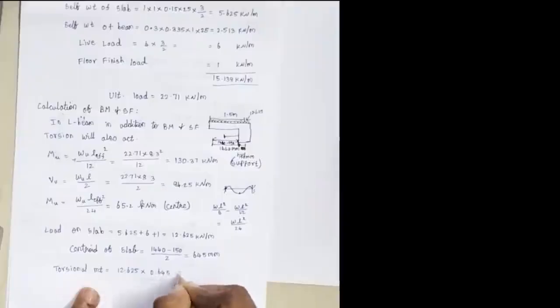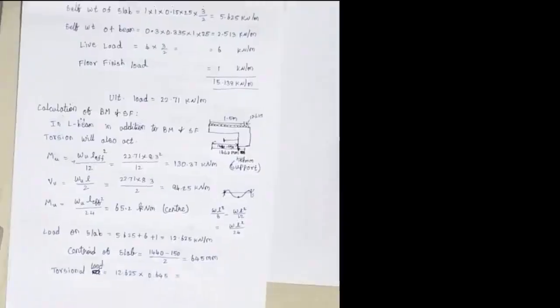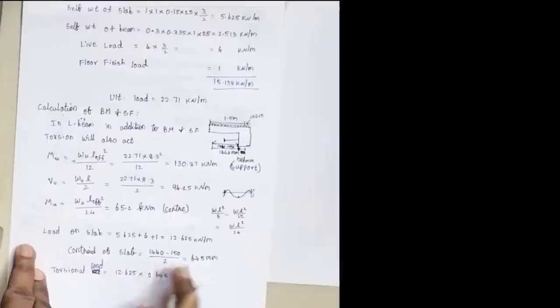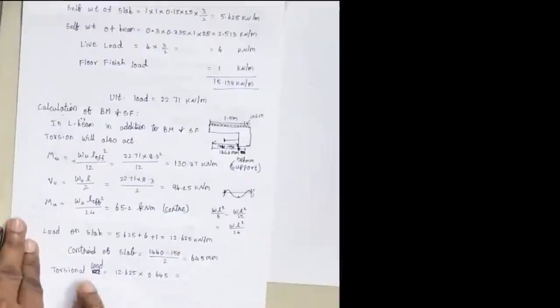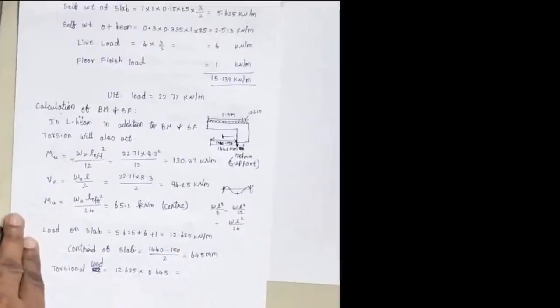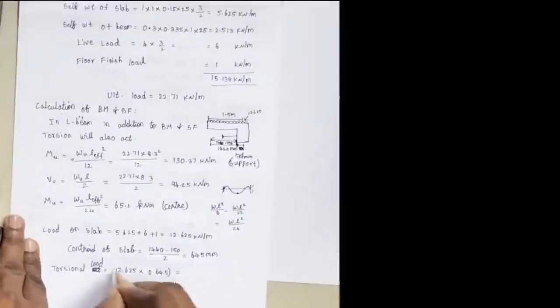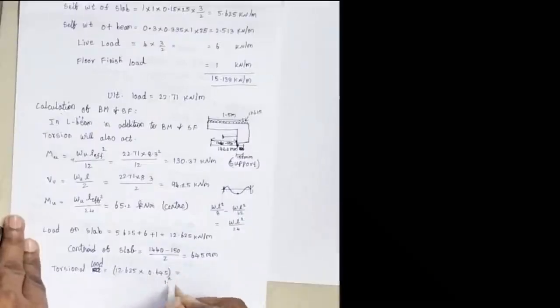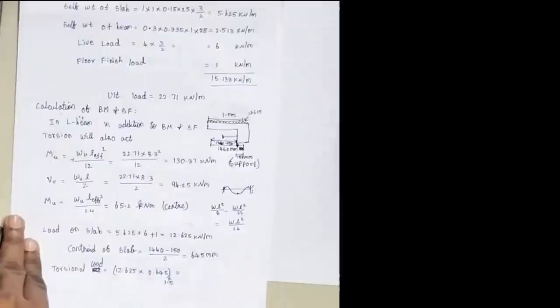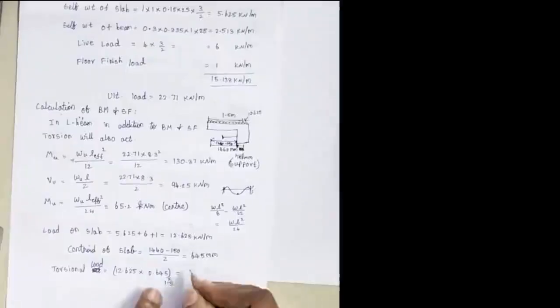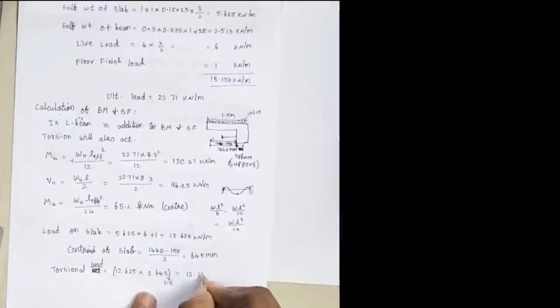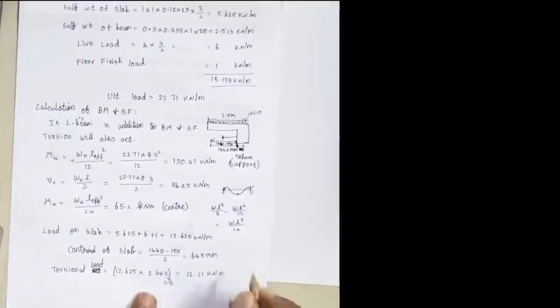Torsional load means it is a twisting, which will be a moment, so load into distance. In order to convert this into an ultimate value, I am multiplying it with 1.5. The answer I am getting is 12.21 kilonewton meter, because it is a twisting, so I am considering it as torsional load.